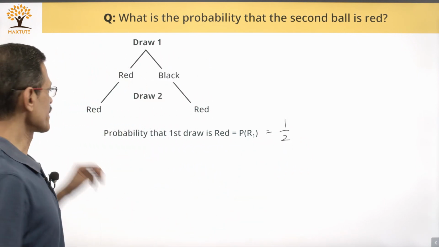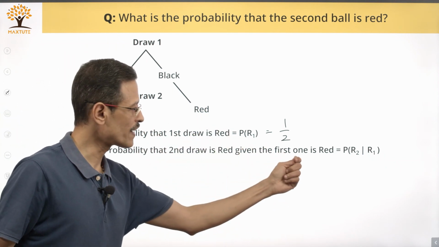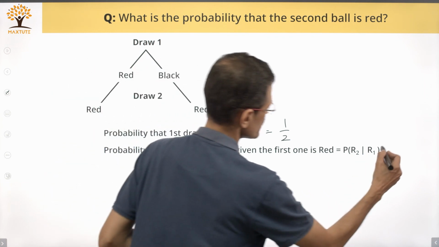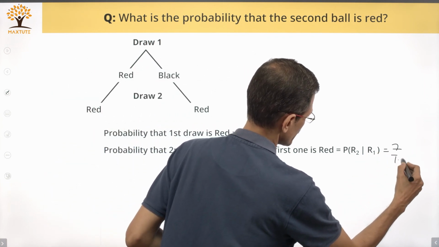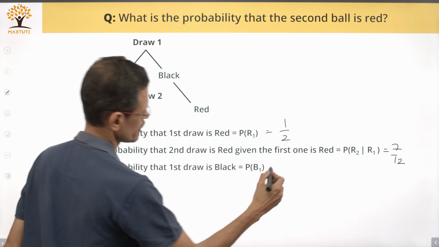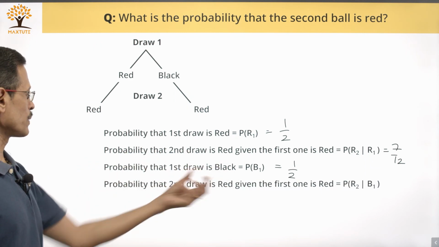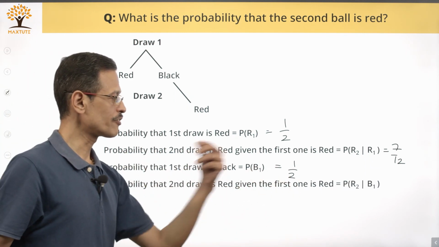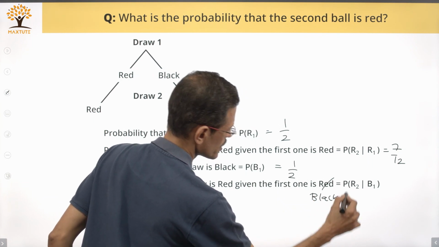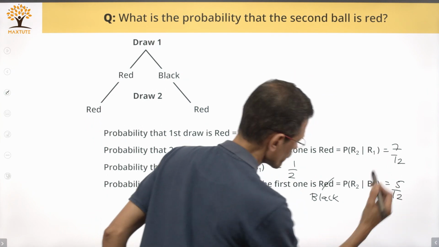The second denotation that we're going to give is that the probability the second draw is red, given the first one is red, that is P of R2 given R1, we know that is equal to 7 by 12, right? Third one, we're going to say the first draw is a black, that's P of B1, that is equal to a half. And then P of R2 given B1, the second draw is red, given the first one is black, my bad, this should be black. This is P of R2 given B1, that is equal to 5 by 12.